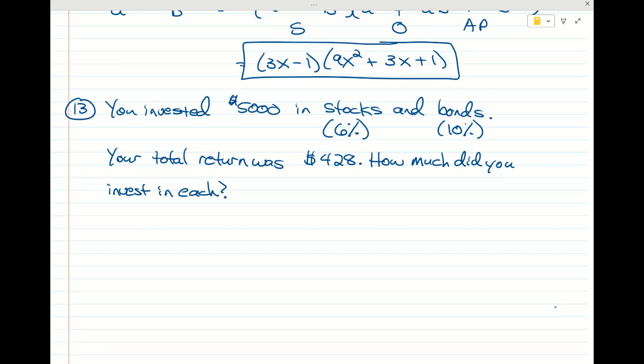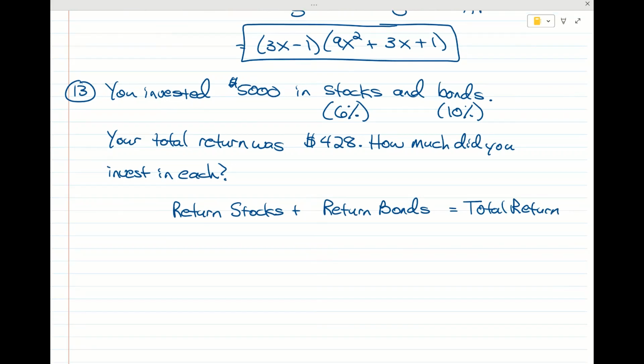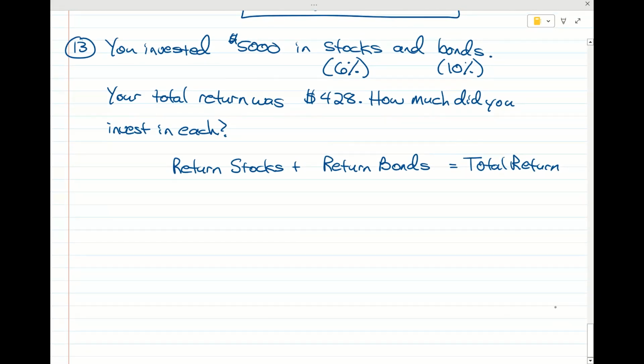Okay. So we're looking for the return on stocks plus the return on bonds, and that'll equal our total return. Well, in order to figure out return, we need a percent times a principal.